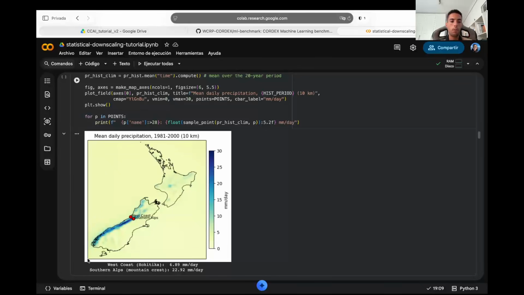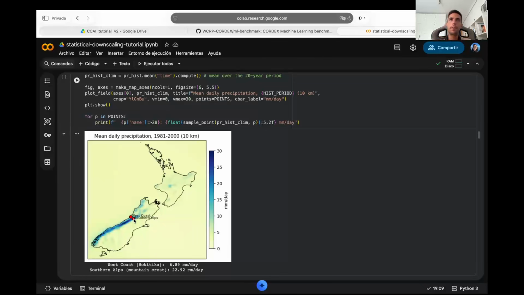In this case, what I'm showing here is the daily precipitation for a historical period at a high spatial resolution. 10 kilometers can be considered a high spatial resolution. What we can see is the mean precipitation across these 2 points, which, if you notice, are quite close together, not far apart.